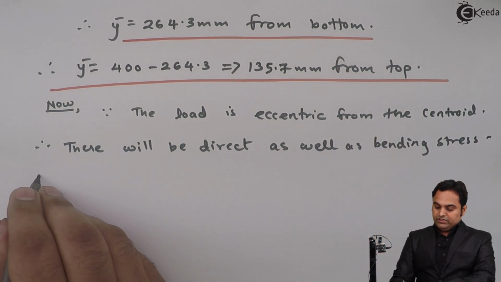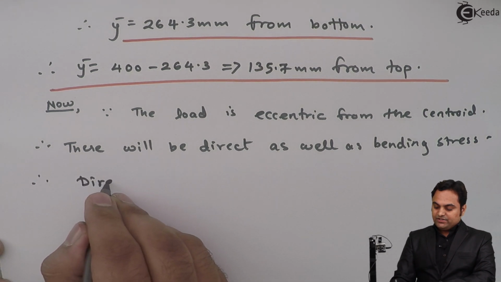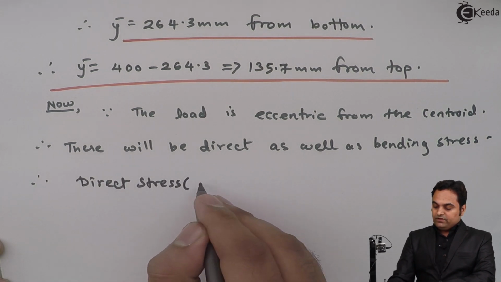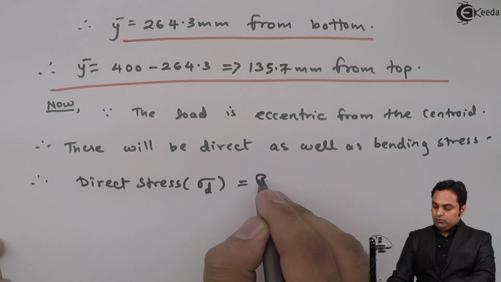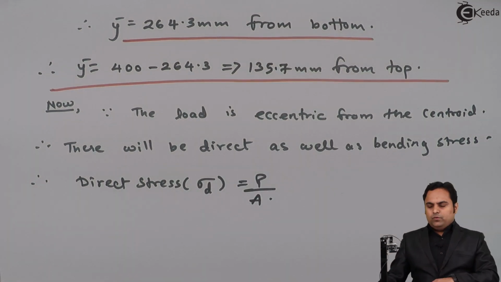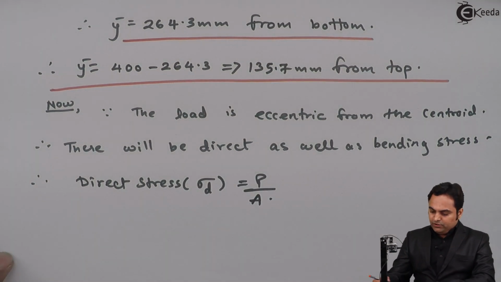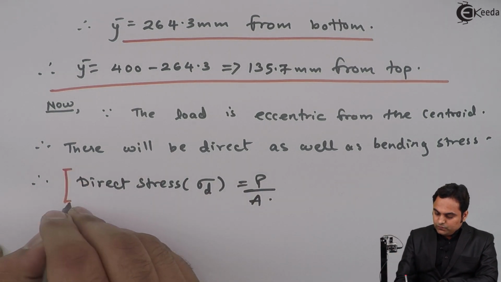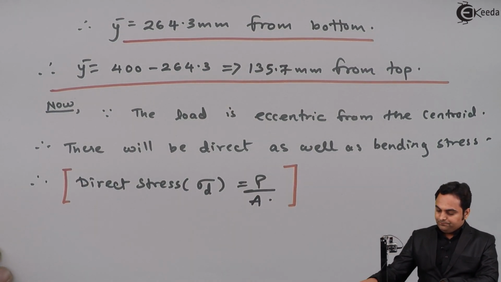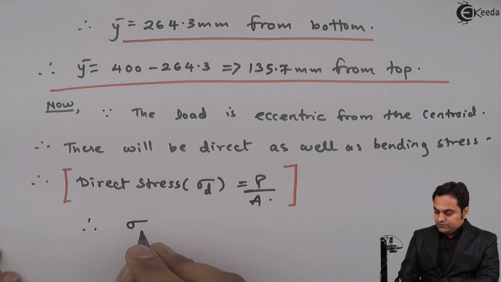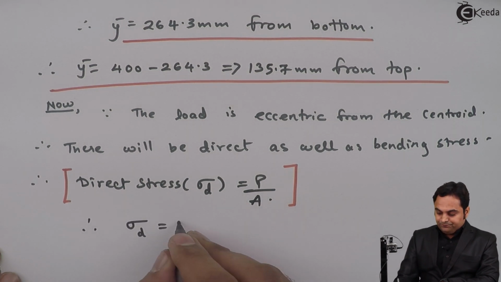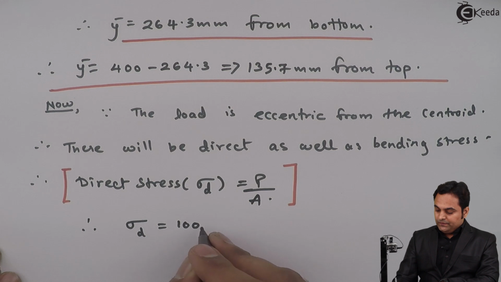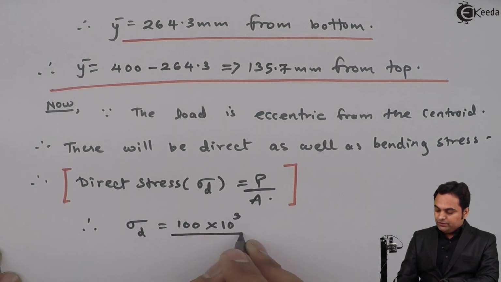So therefore I'll write down direct stress, sigma d is equal to load upon area. So now here I have written the formula of direct stress, which is load upon area. So therefore sigma d is equal to, load is 100 kilonewton, so 100 into 10 raised to 3 Newton, total area is 70 into 10 raised to 3.